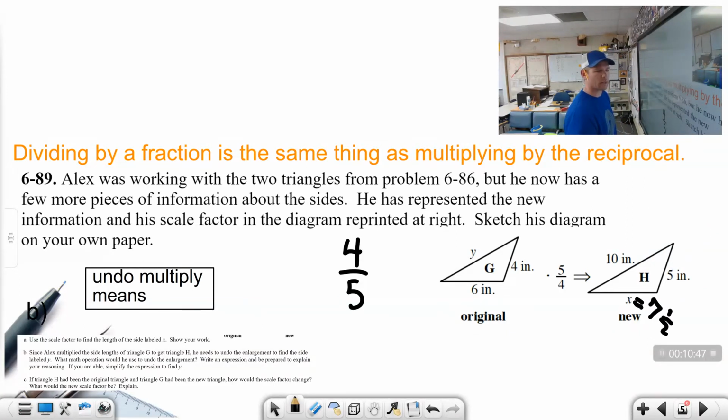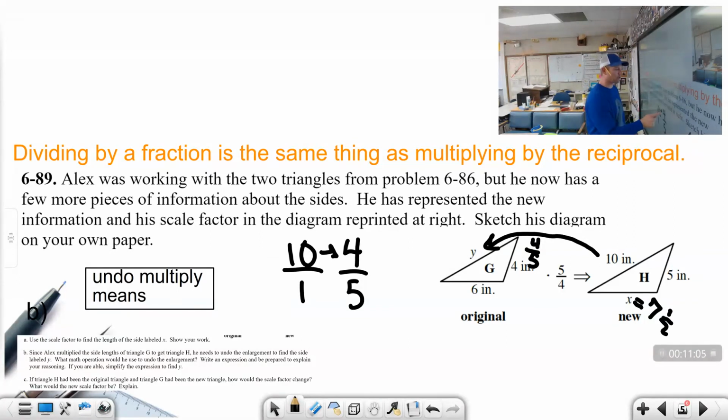So what I'm going to do is use this scale factor, and I'm going to work my way back. So I'm going to start at 10, use my scale factor of 4/5 to solve my problem. I multiply straight across, and I get 40.